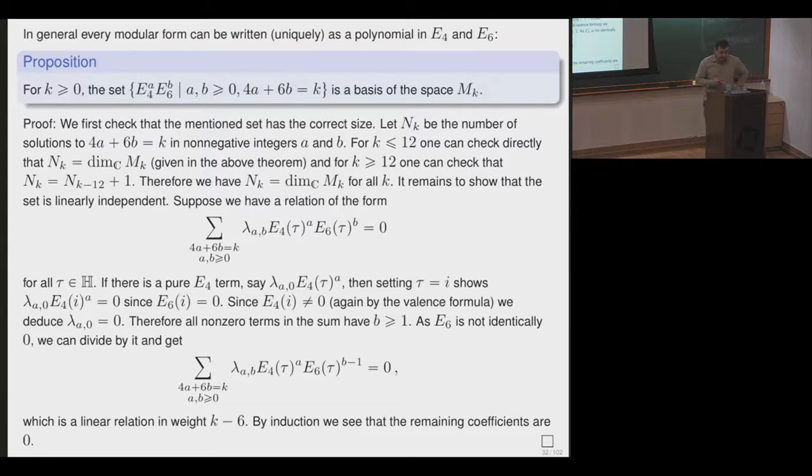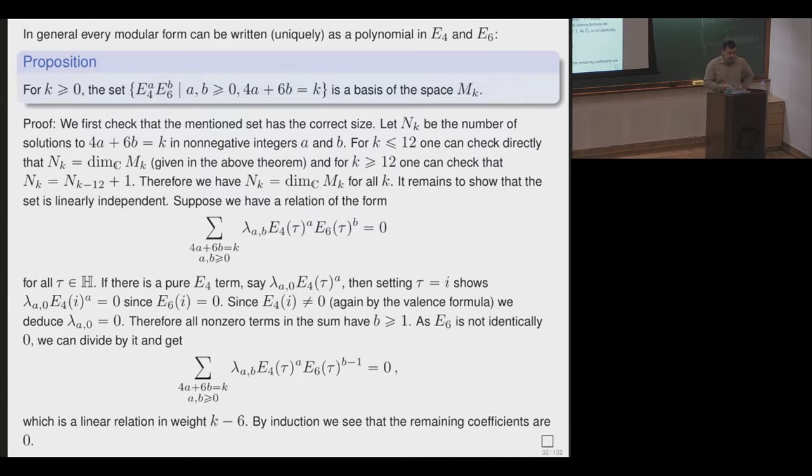And now we want to see what the vector space, this space of modular forms, looks like. And then it's easy to see, and I will be quick in the proof because I was 15 minutes less in the last talk, and I will put this on the web page again, and so you can just read it off.